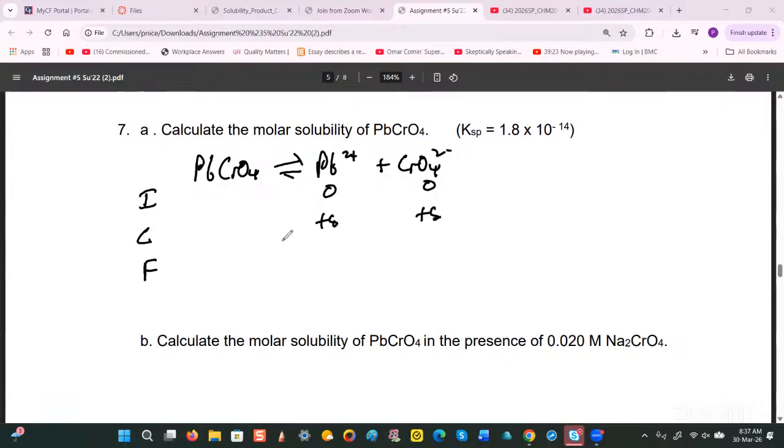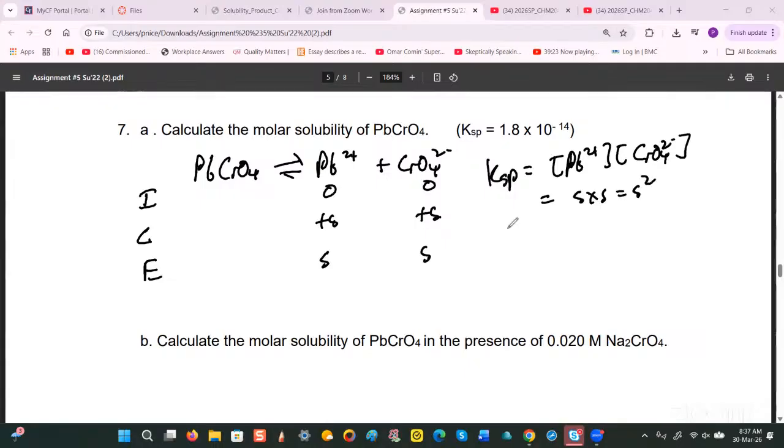So at equilibrium, you're going to have S and S, which means that Ksp is equal to the concentration of Pb2 plus times the concentration of chromate, which would be equal to S times S, which is S squared, which means that S is equal to the square root of the Ksp, which is equal to the square root of 1.8 times 10 to the minus 14.